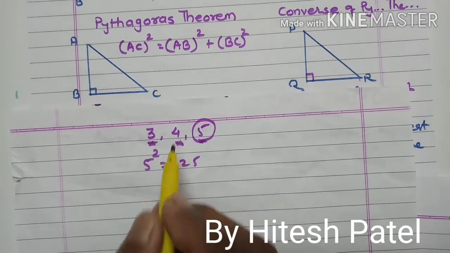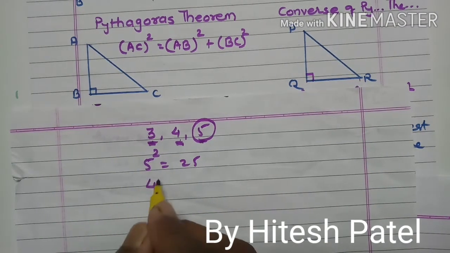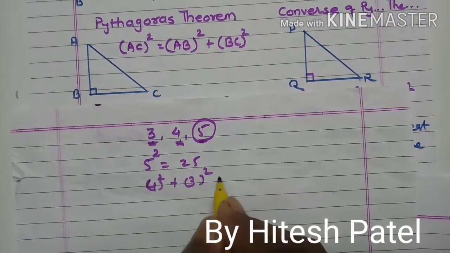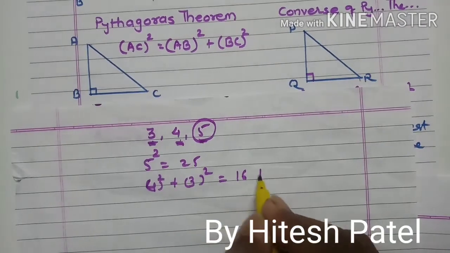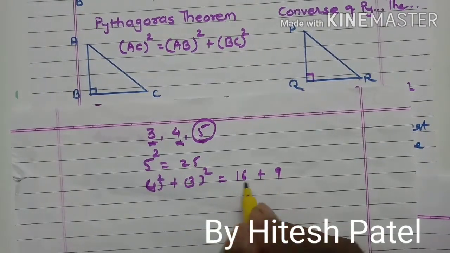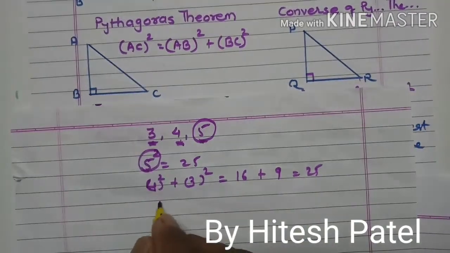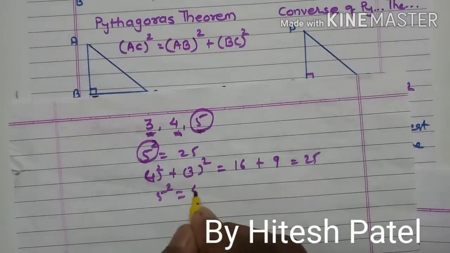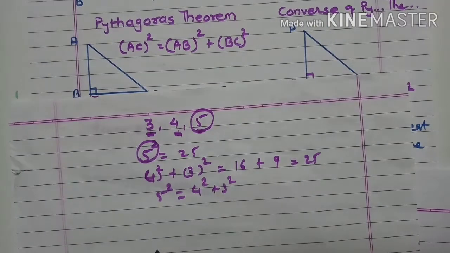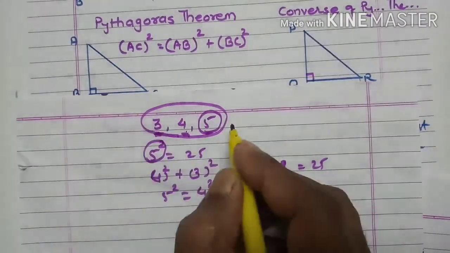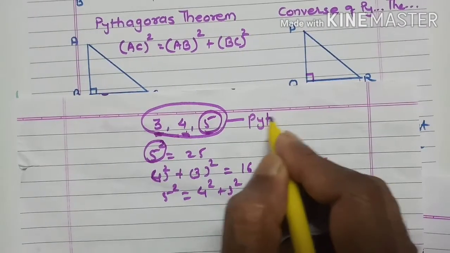First of all, make the squares, 4 square and 3 square, then add them. 4 square is 16 and 3 square is 9. 16 plus 9 is 25. So here 5 square is equal to 4 square plus 3 square. That means this group of three numbers is called a Pythagorean triplet.